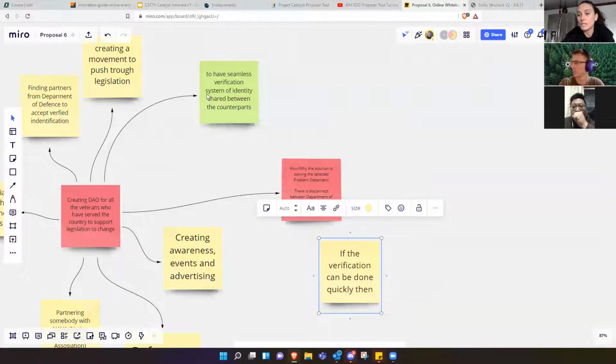The sooner their identification is done, the sooner they're able to benefit from the things they've worked for, the things they deserve, to help our veterans get reintegrated back to society.